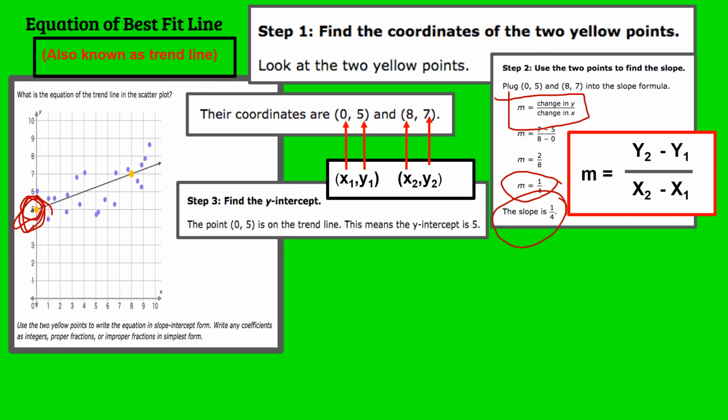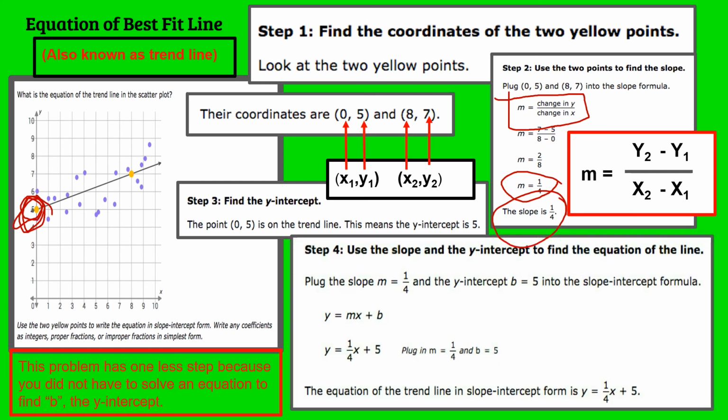Anytime our x number is 0 on an ordered pair, the y value will be on the y-axis. So the good news is that we didn't have to solve the equation to get b, the y-intercept. We have it. Again, it's 5.